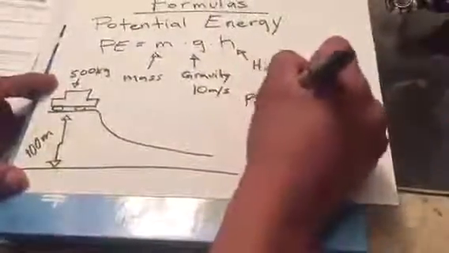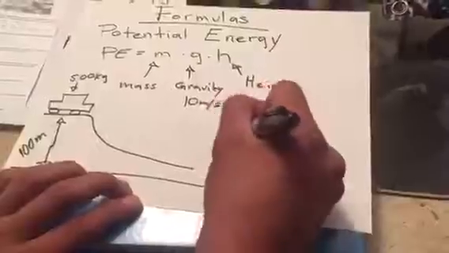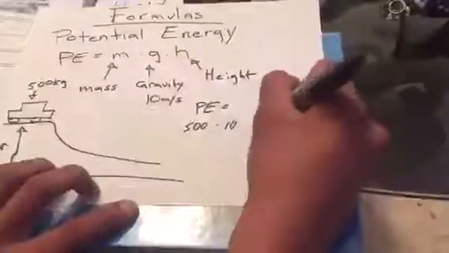How will we find the potential energy for this car? So we have the mass, which is 500 kg, times the gravity, 10, times 100 meters.